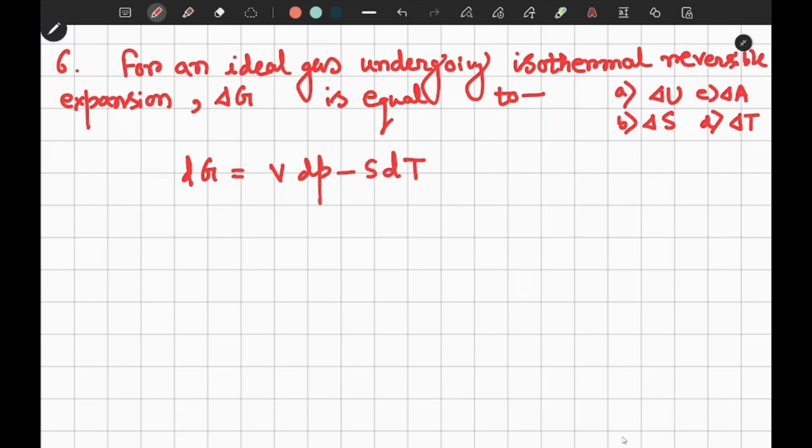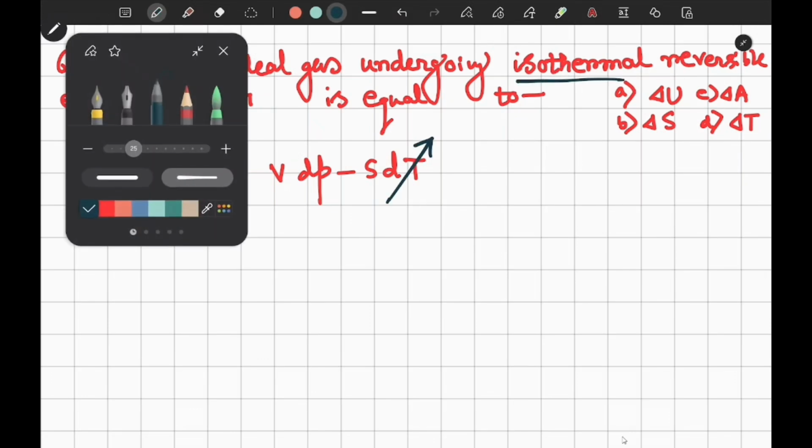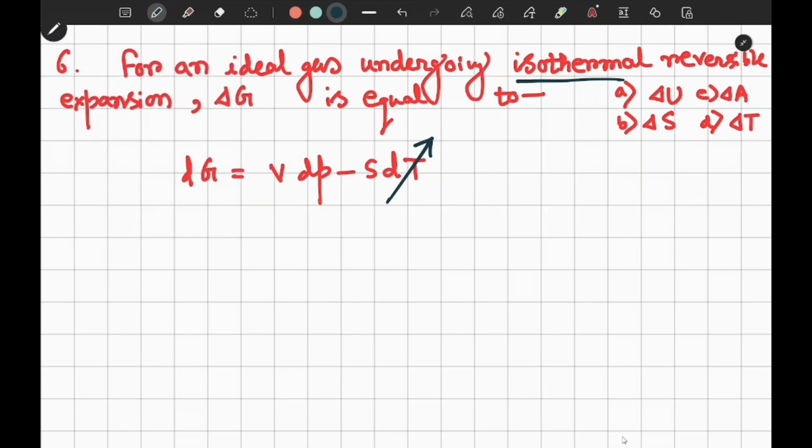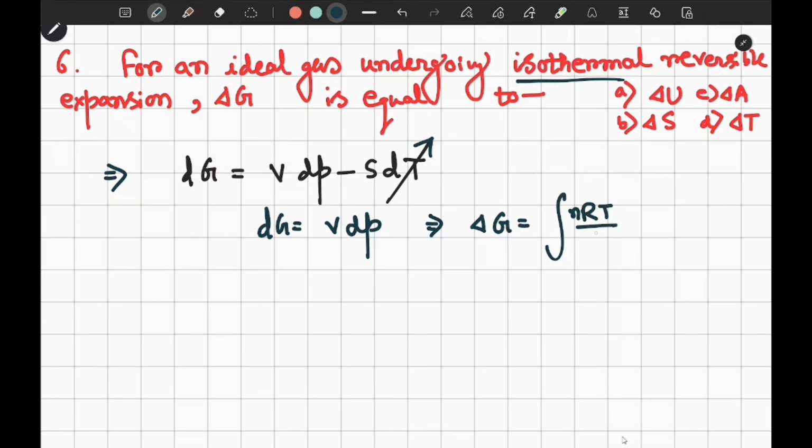dG is VdP minus SdT. Now it's isothermal, so SdT will not be there. So dG will be VdP, and for an ideal gas delta G will be nRT by P dP, so it will be nRT ln P2 by P1.